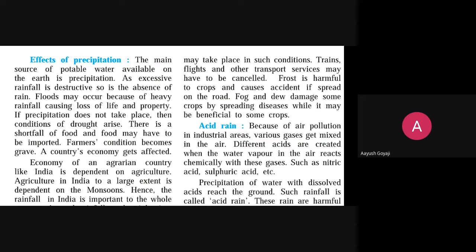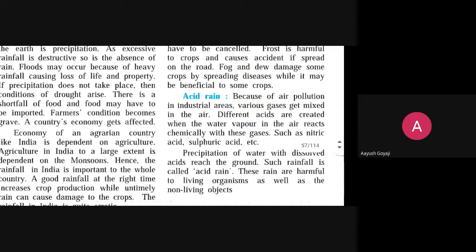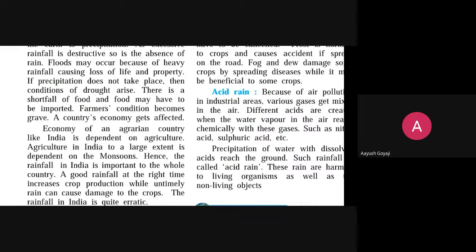There is a shortfall of food and food may have to be imported. If there is no rainfall, then there will not be food. There will not be agricultural crops because of the lack of water, because of the drought, and we may need to import the food for our people. Farmers' condition becomes grave.